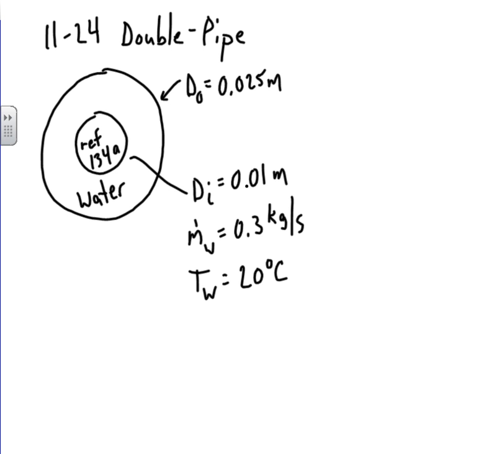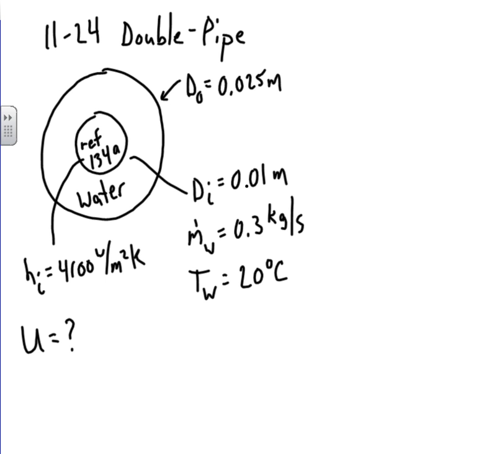And there is a heat transfer coefficient on the inside of the surface, or in the inside pipe, and we're given that H sub I is equal to 4,100 watts per meter squared Kelvin. And with all this information, we are asked to find out what the overall heat transfer coefficient is for this heat exchanger. We denote that by this capital U.